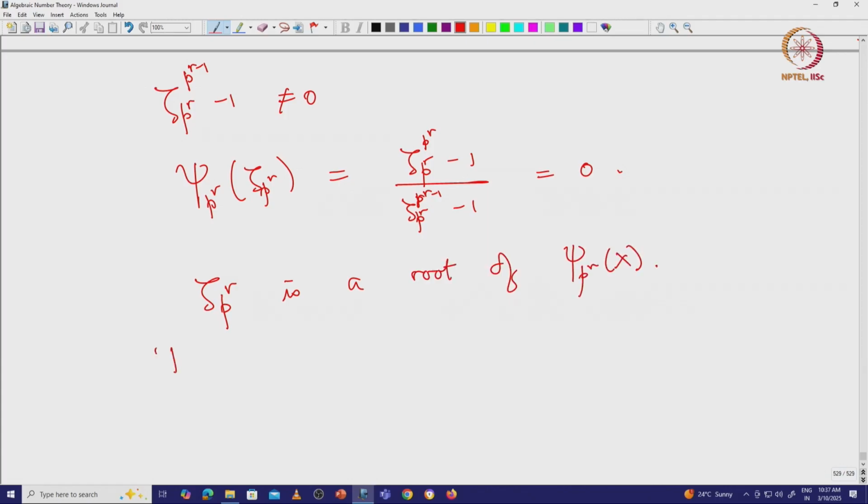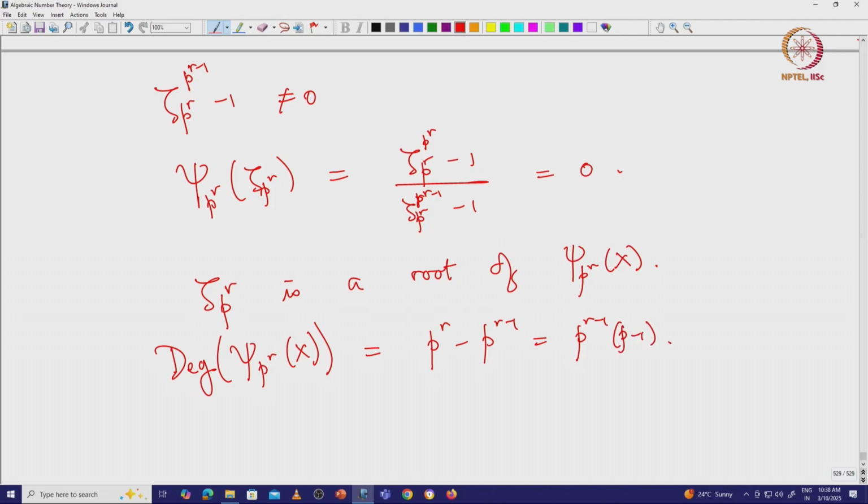Now, what is the degree of psi p to the r (x)? This is p to the r minus p to the r minus 1, which is p to the r minus 1 into p minus 1, right.